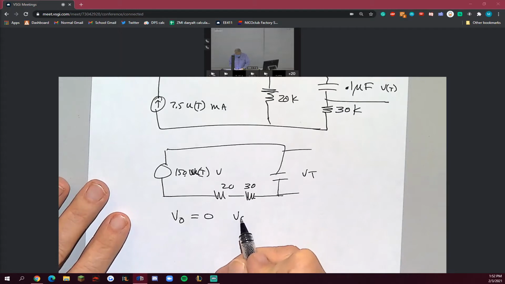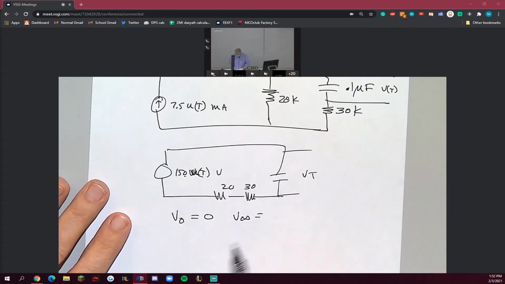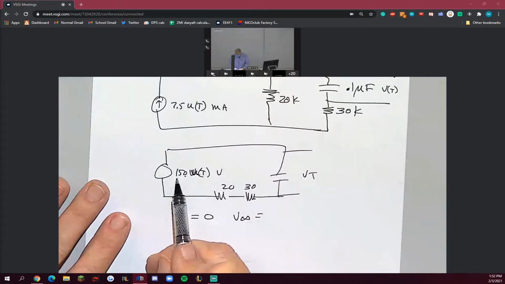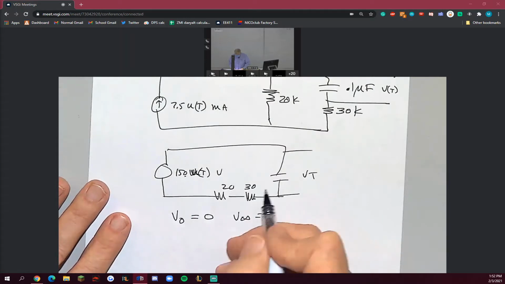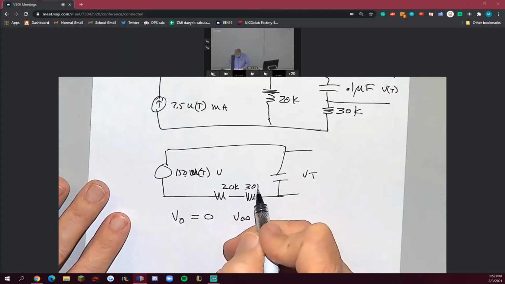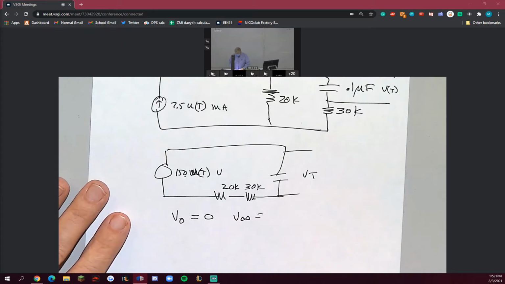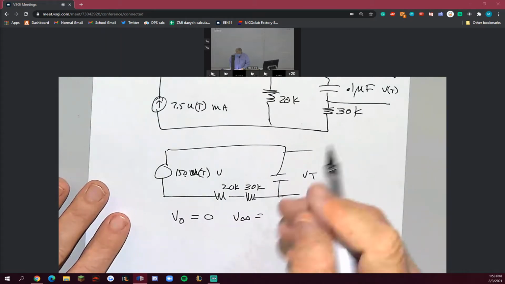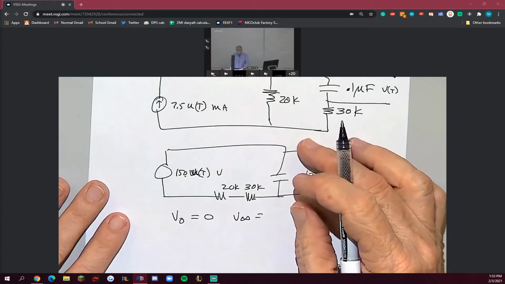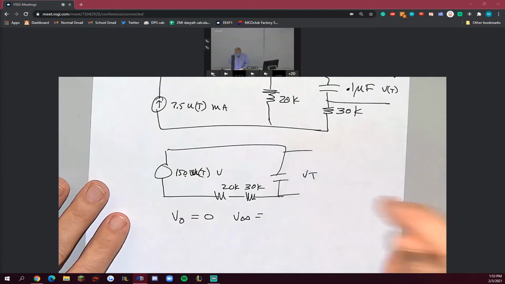V infinity is equal to what? Well, we've got 150 volts, total of 50K of resistance, and the capacitor. Well, the capacitor looks like an open circuit at infinity, so there's no current flow through the resistors.